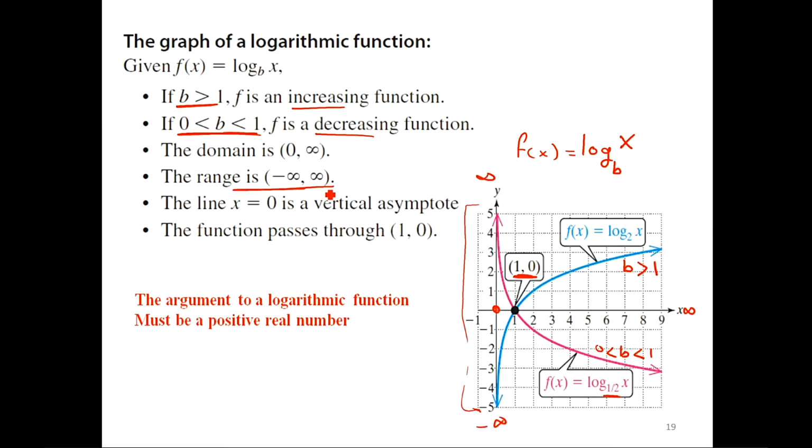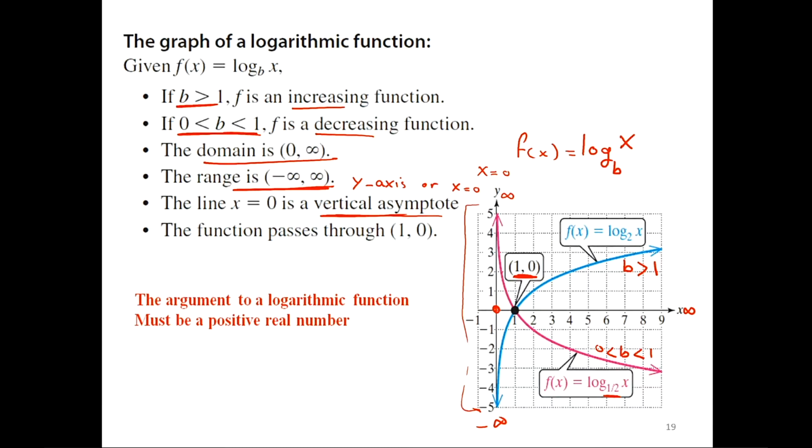The domain is from 0 to infinity, but the range is from minus infinity to infinity. The asymptote is x equals 0, the vertical line, the y axis. This is the vertical asymptote.